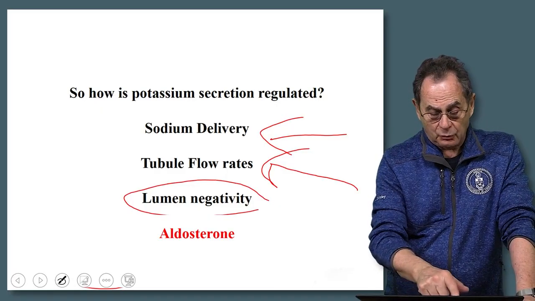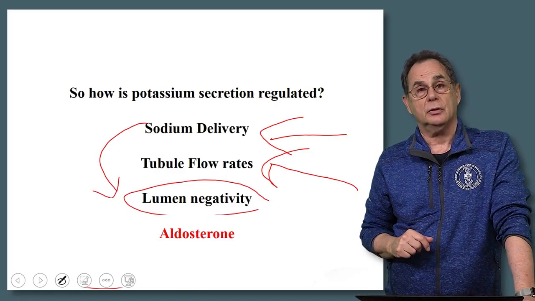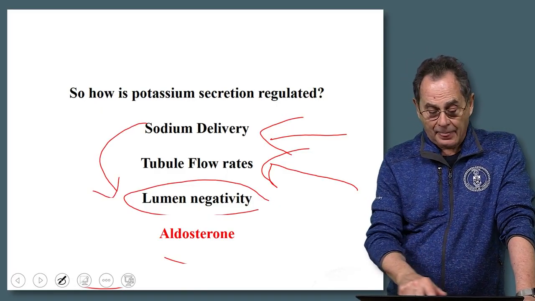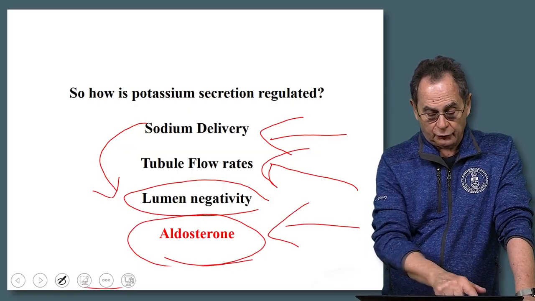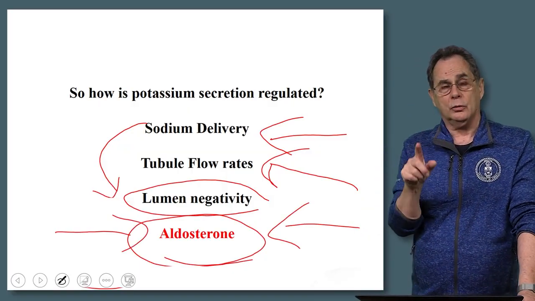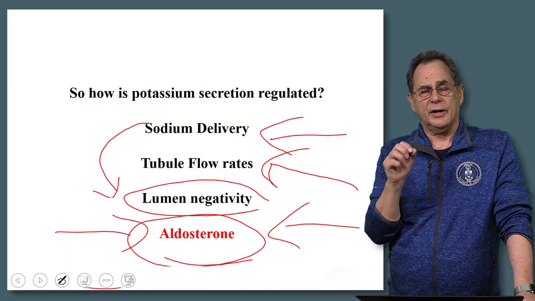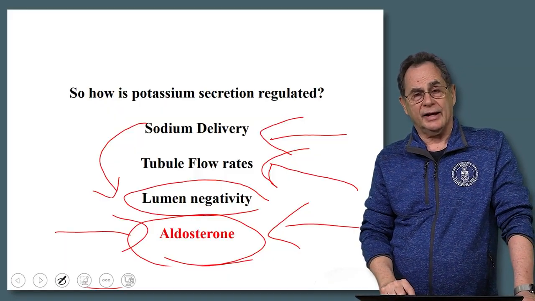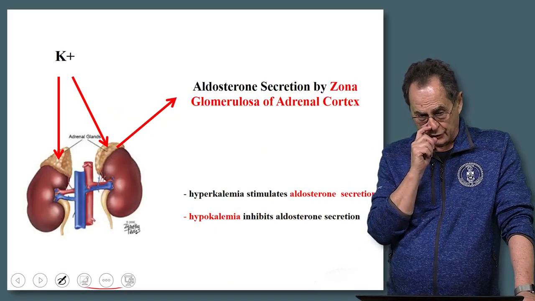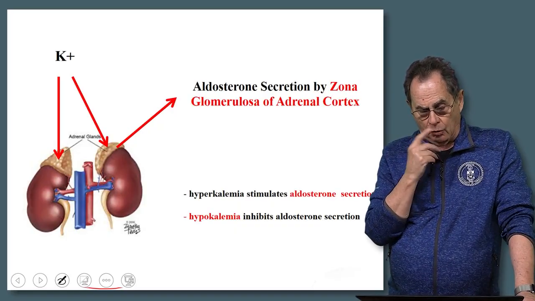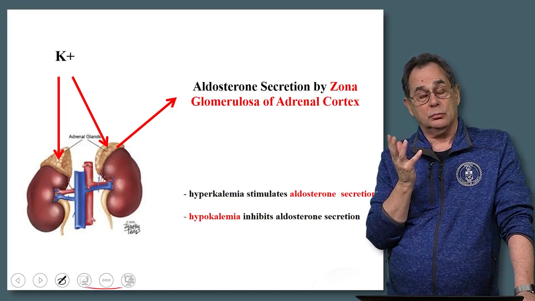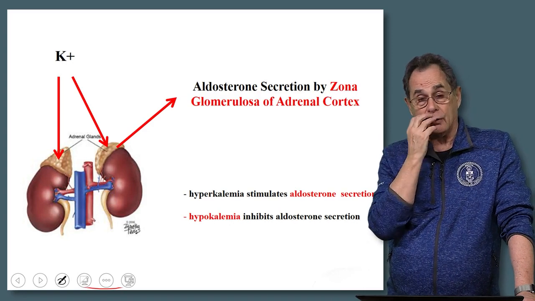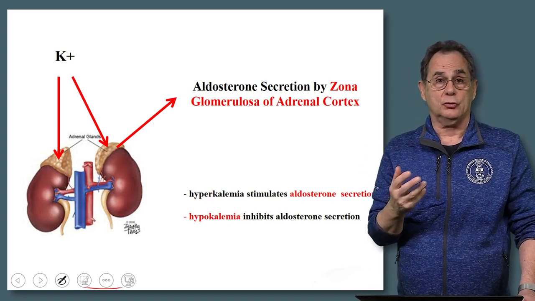Lumen negativity, which is actually a consequence of sodium delivery. And then what we're going to come to, aldosterone, a steroid hormone that has a key role in regulating potassium secretion. So where does aldosterone, where is it made, and how is it secreted in response to potassium?